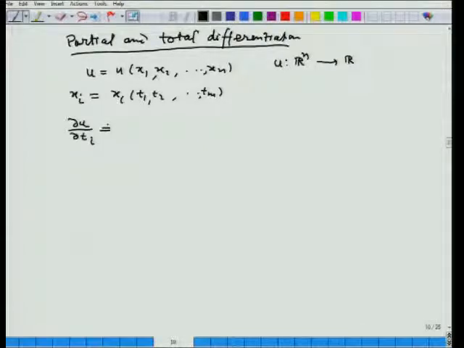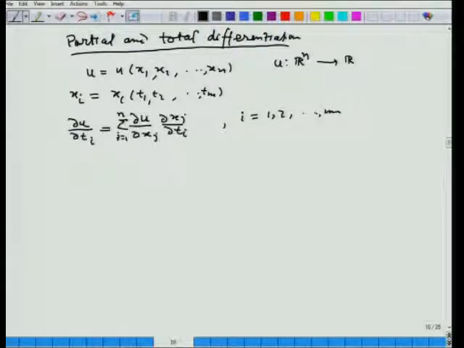It will be del u over del xj times del xj over del ti, summation over j equal to 1 to n. So j is running from 1 to n, and i is running from 1 to m.